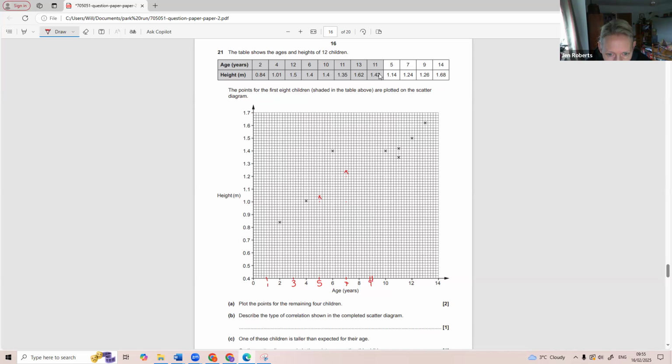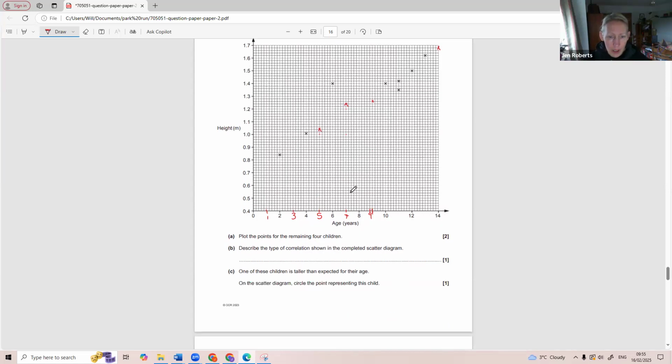I'll just do it from 1.2. 1.22, 1.24, 1.26 is there. 14 and 1.68. That's 1.6. 1.62, 1.64, 1.66, 1.68 is there.